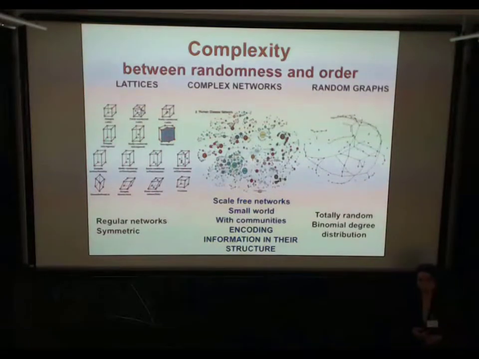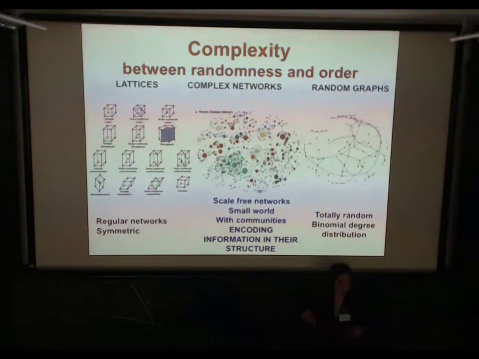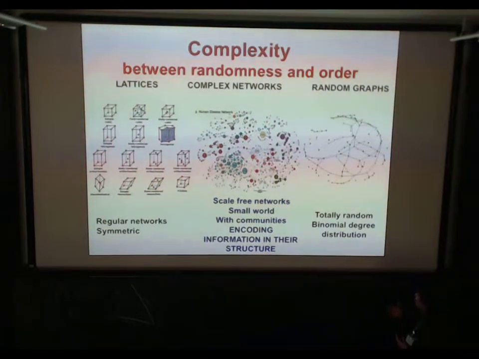So if we consider all the space of possible graphs, let's say all the space of possible graphs with n nodes and n links, we have quite a big space. At one end we have completely random graphs in which a set of nodes are connected completely randomly with a given probability.